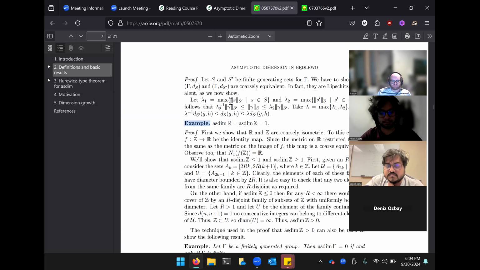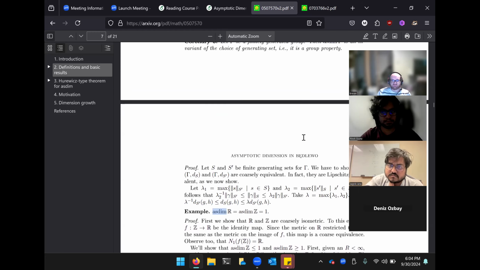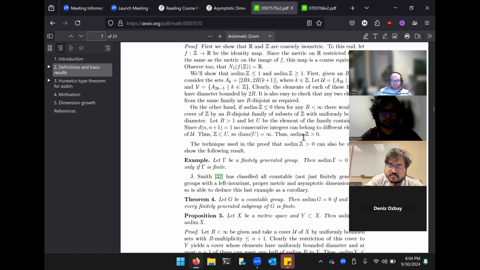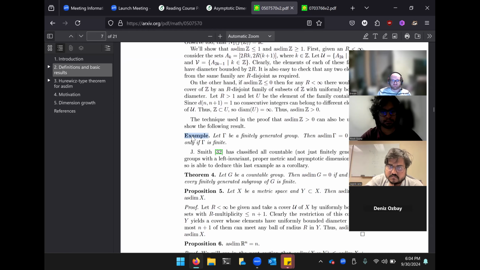For instance, the example that the asymptotic dimension of R and Z is 1. We all can look at it on our own and try to reproduce the proof so that we don't go over it together. And we can discuss it if any one of us has a problem with the proof. This will be our common reading. And then Sagnik, maybe you can present corollary 3 and then the example.